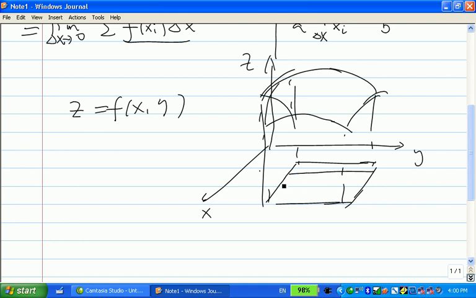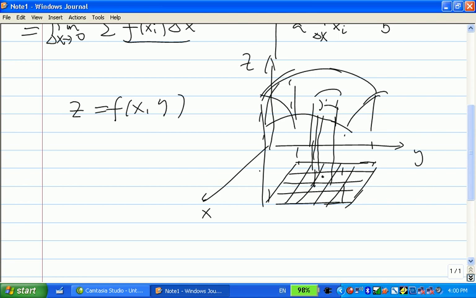Therefore, like what we did for the single integrals, we can divide our rectangle into many small rectangles. Then you go up and get something like that.